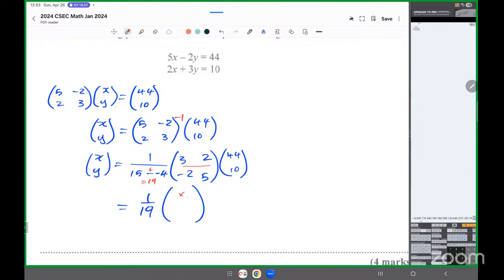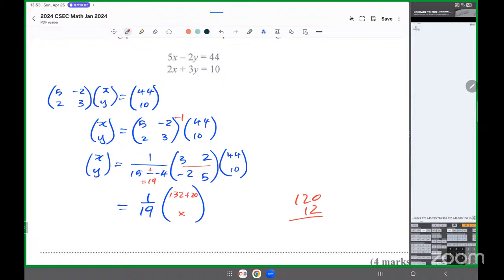So the first value up here is this row times this column. First element times first element, second element times second element. So it's 3 times 44 and 2 times 10. What is 3 times 44? That's 120 plus 6 plus 6, right? 132. So it's 132 plus 20. That is 2 times 10 is 20.